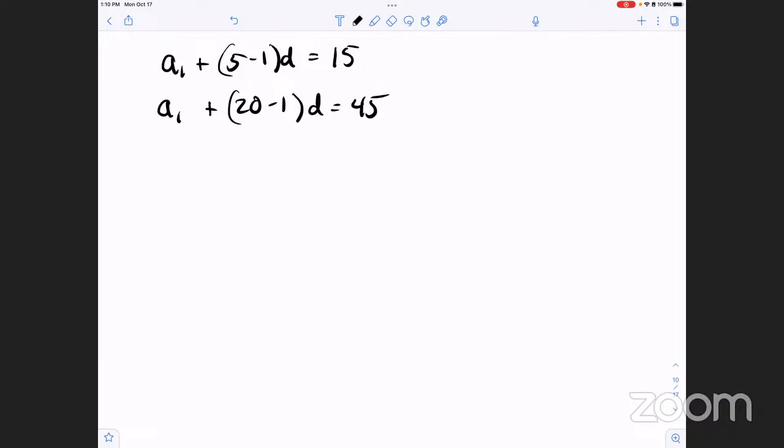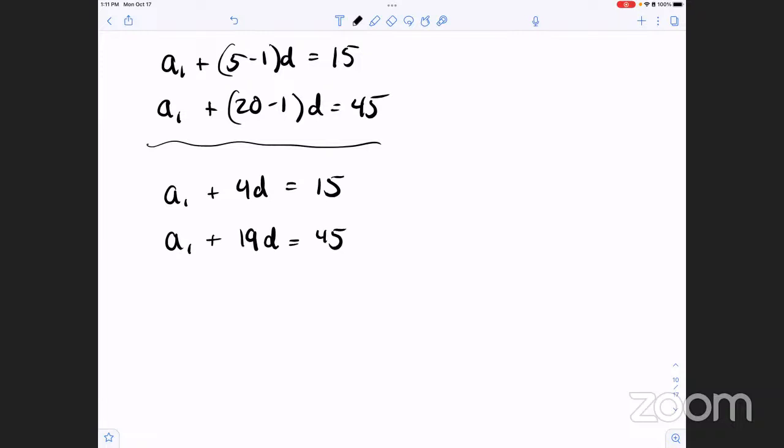Let's simplify, expand, combine like terms. 5 minus 1 is 4, so we have a1 plus 4d equals 15, and we have a1 plus 19d equals 45.